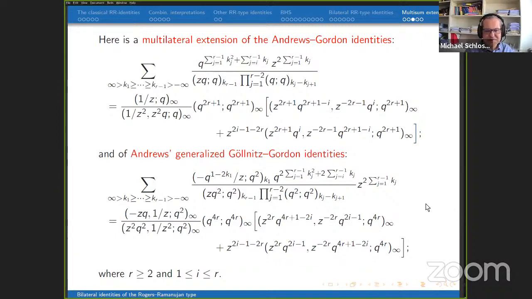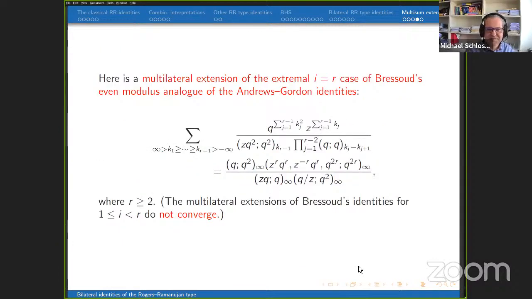And of course, you can also do the trick that you specialize that in different ways to get rid of one of these terms. So yes, in this case, for the Bressoud identities bilateral extension, the right-hand side is just closed form, it remains.